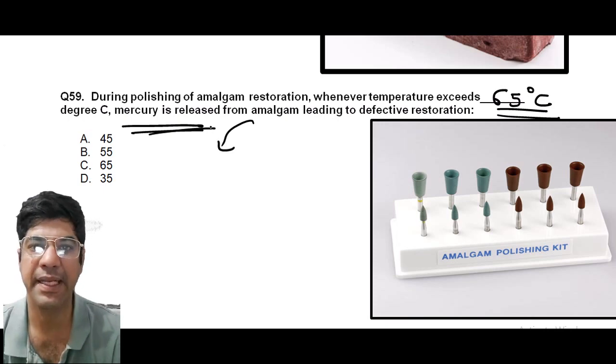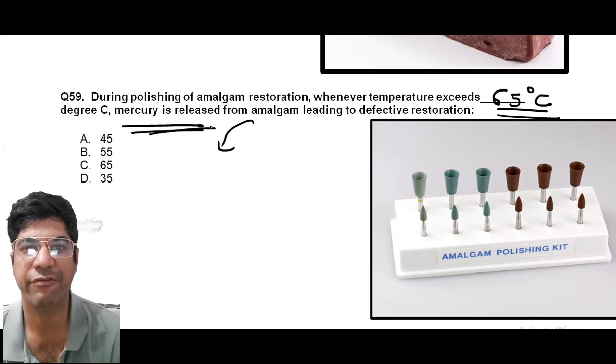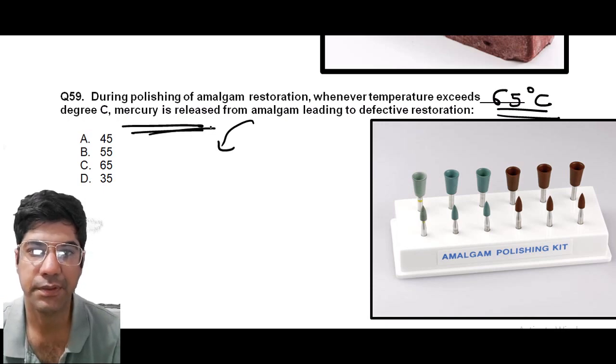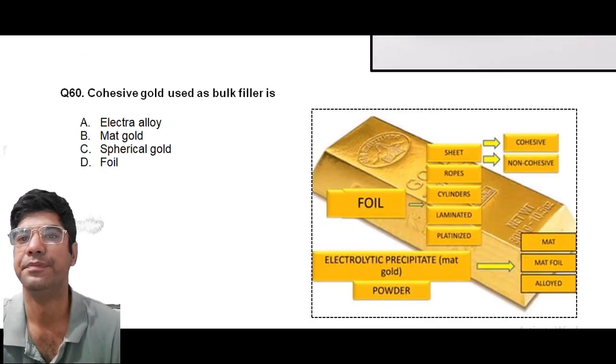So that can lead to defective restoration, and there is a hazard regarding the inhalation of those mercury vapors that are toxic. So it is essential to avoid excessive heat generation during the polishing process.